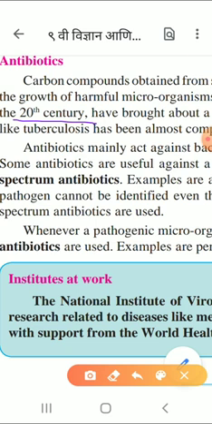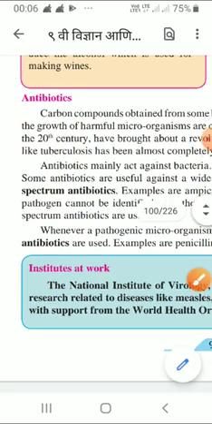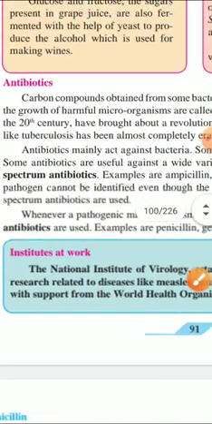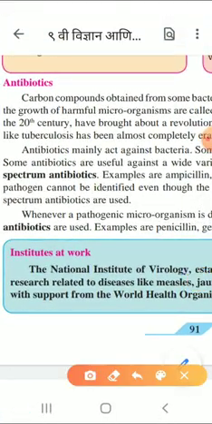Now, antibiotics mainly act against bacteria. So this point you have to keep in your mind, that antibiotics mainly act against bacteria. There are two types of antibiotics, as I already told you: broad spectrum antibiotic and narrow spectrum antibiotic.